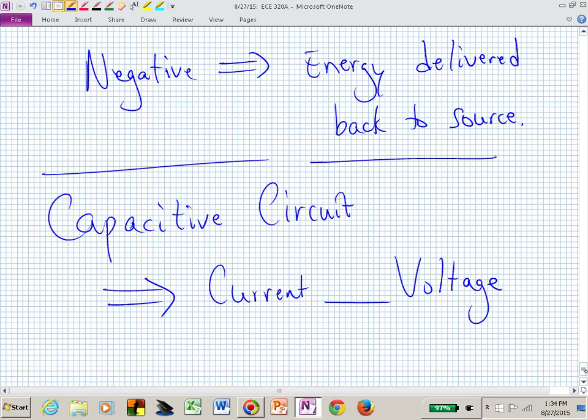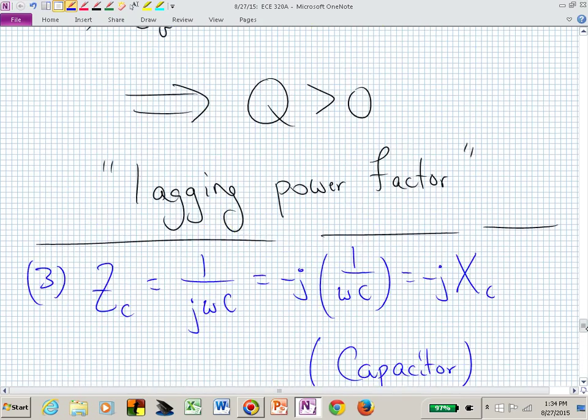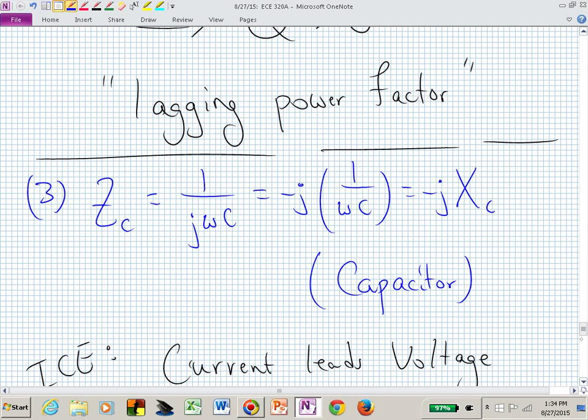Yes, so X sub C, the question was, wherever that was, here X sub C, this is the reactance of that impedance. And now if you needed to know more than just the magnitude of that impedance, which is what the reactance gives you, you would need to keep track of the sign, and in this case it's minus j, or minus 90 degrees.